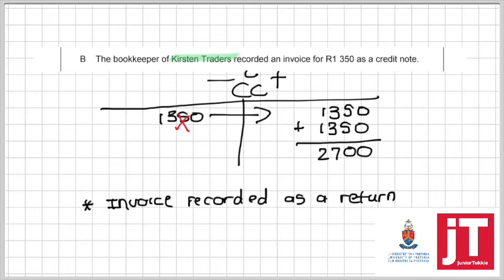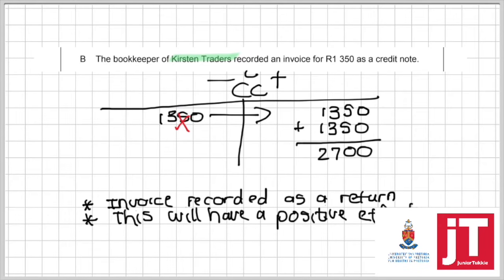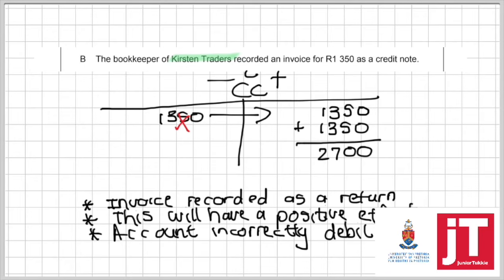So we need to credit the creditor's control account with $2,700. Please remember always, what effect will it have? By crediting the creditor's control account, it will have a positive effect on the balance. I'm going to point this out again. If an account is incorrectly debited, we need to correct it by adding the amount twice.